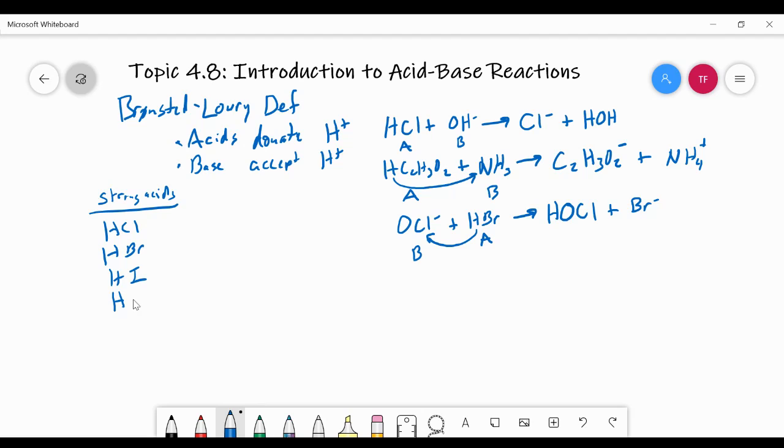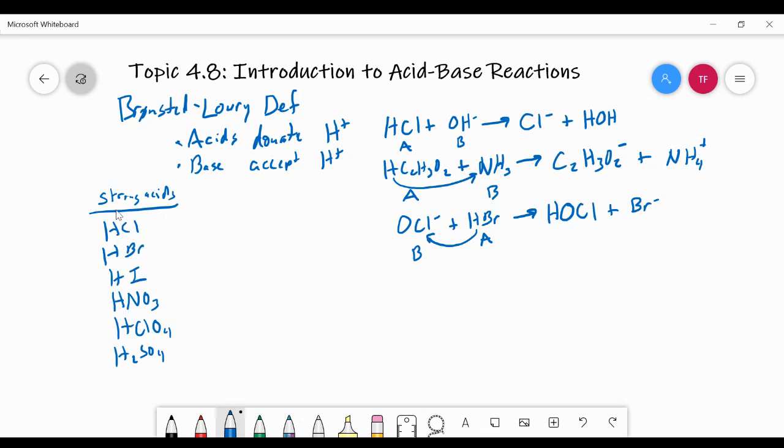Now we have some oxyacids: nitric acid, HNO3, perchloric acid, HClO4, and sulfuric acid, H2SO4. These are the strong acids that you should be familiar with. What strong means is that each one of these substances, when placed in water, will lose 100% of their hydrogen ions.